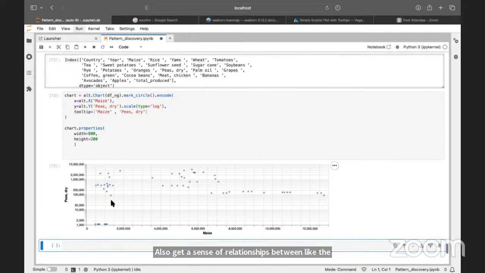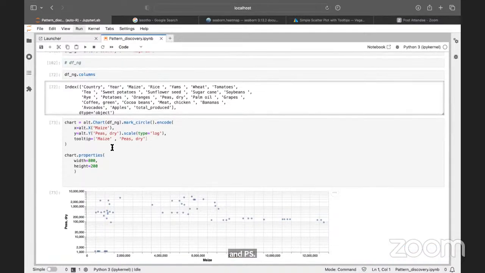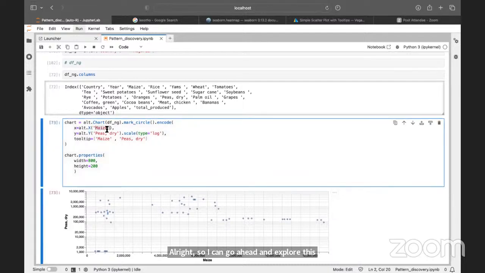Is there any form of relationship, or is there no relationship? It doesn't appear to be any clear relationship between maize and pears. You are right. So I can go ahead and explore this for some other ones. Go ahead.